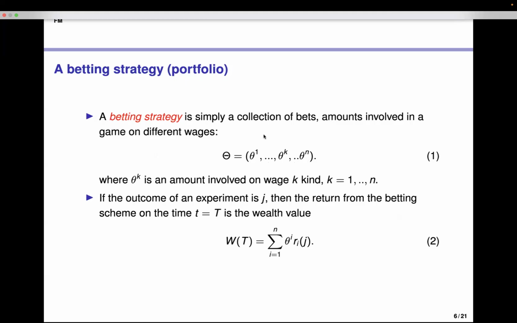You remember, in the previous lecture we considered the portfolio, and it is like a vector or collection, and every coordinate means the number of different assets, if we consider the derivative. But in this case, it is the number of different bets. Number means amount of money. Yes.